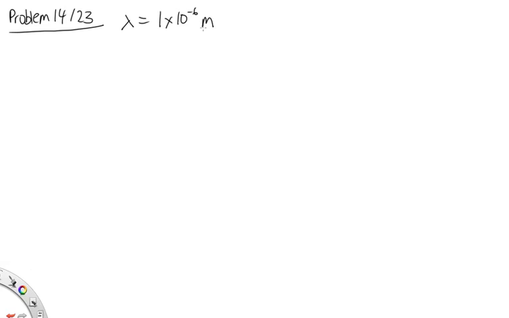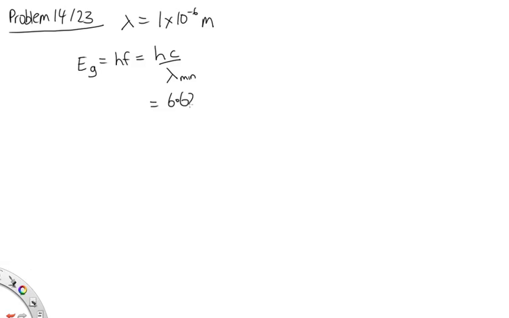So in order for this photon to be able to excite the electrons, the energy gap has to be less than the energy of this photon. The limiting case is when the energy gap is equal to the energy of the photon, which in terms of its wavelength we can write as hc over lambda. So this will be the minimum photon energy that can excite the electrons from the valence band to the conduction band. So we can solve this.